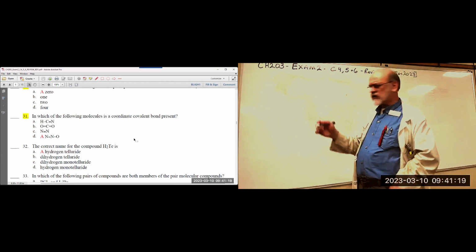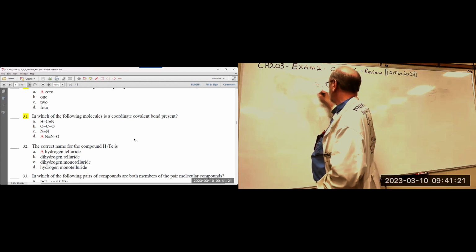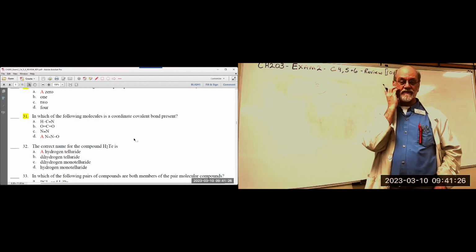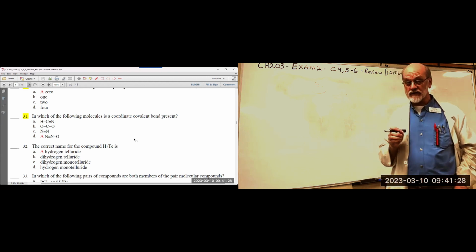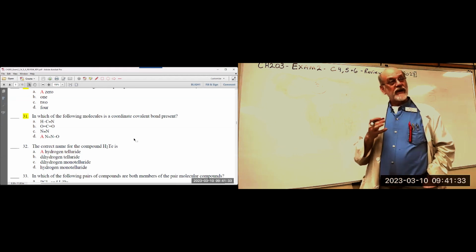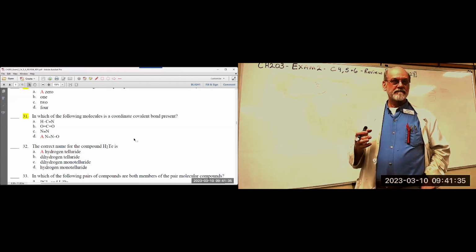In which of the following molecules is a coordinate covalent bond present? Okay, this one is a little tricky. What is a coordinate covalent bond, first of all?